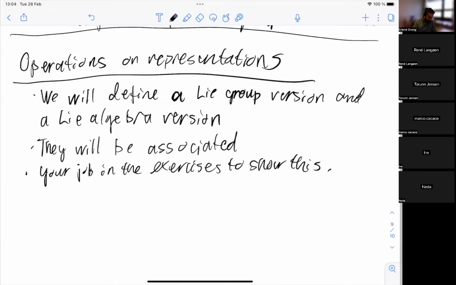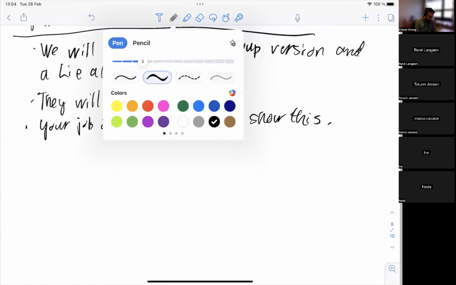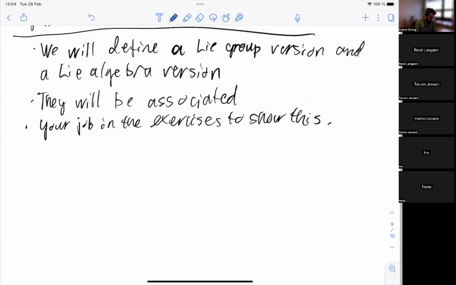So let us start with the simplest operation. It's the direct sum. So on vector spaces, what is this?